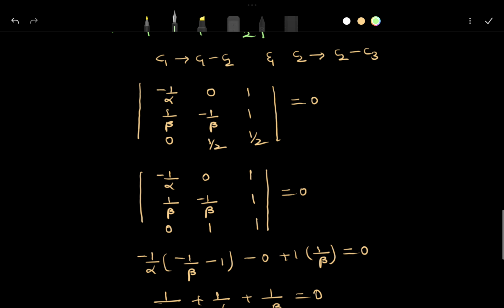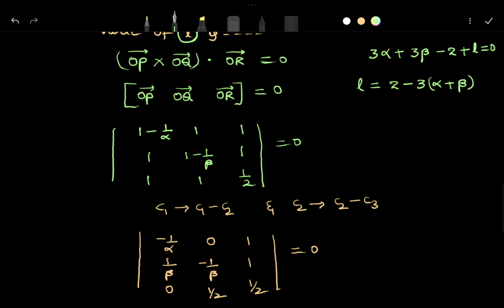If you substitute in that above result, L is equals to 2 minus 3 into minus 1. So substitute here, that is equals to 2 plus 3, that is equals to 5. So therefore L is equals to 5. So I hope everybody is clear this procedure.